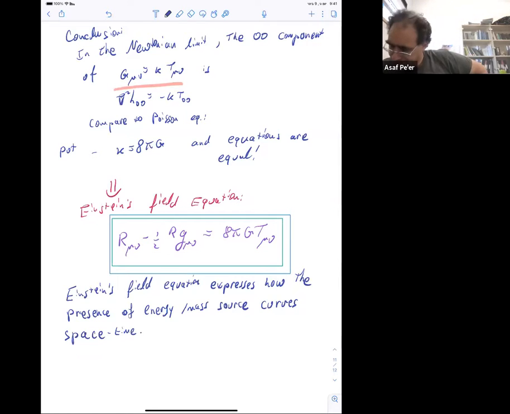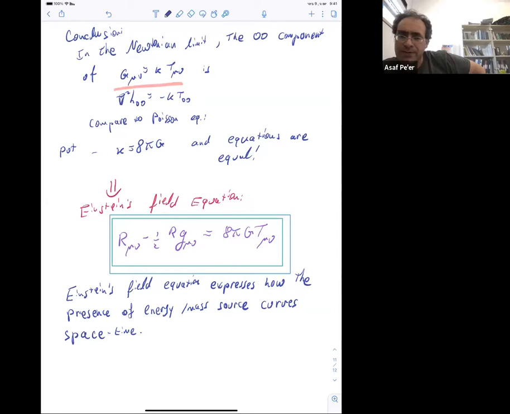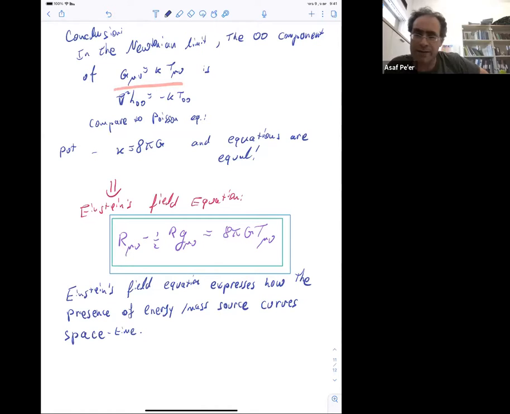Now, how many equations do you see here, by the way? 16, right? There are really 16 equations here. They are extremely complicated. Think of it.